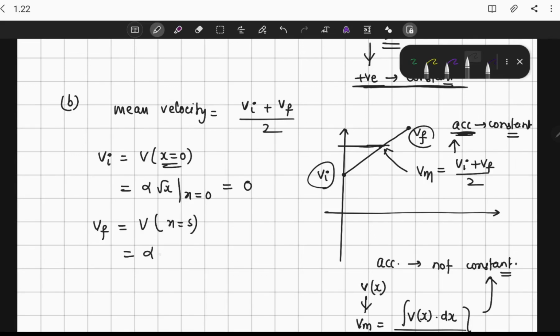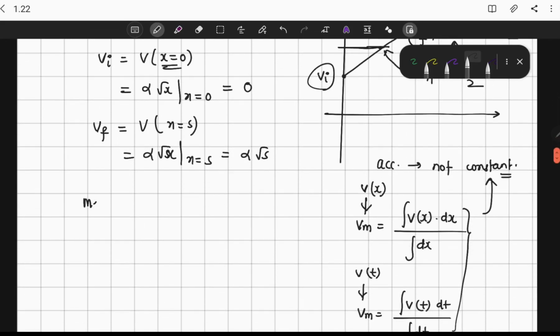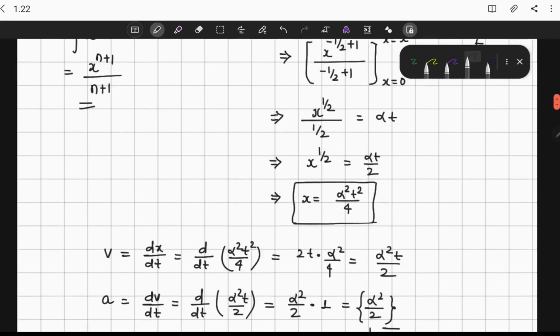Then we can substitute in alpha root x at x is equal to s, that is equal to alpha root s. Now the mean velocity, let us say Vm, we can write as Vi plus Vf by 2, and then 0 plus alpha root s by 2, that is equal to alpha root s by 2. So this is the value of mean velocity we got here.